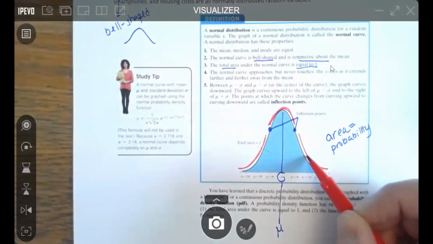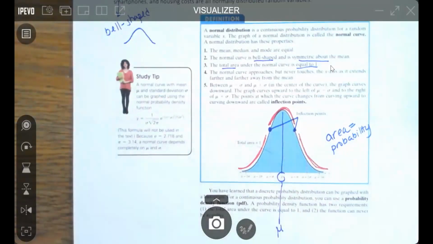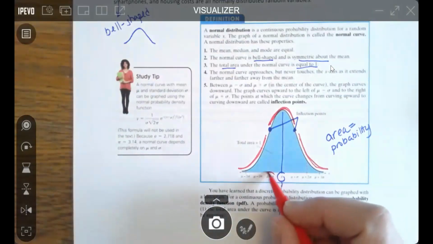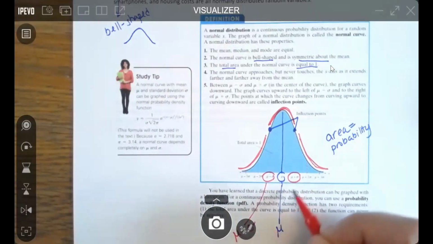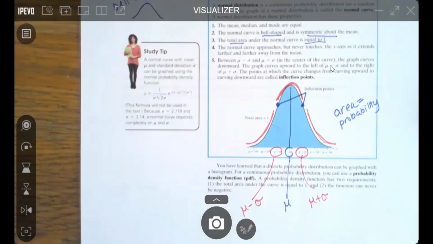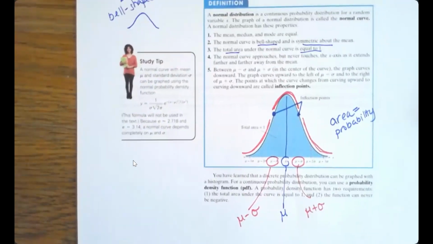In algebra, we say that it goes from concave down to concave up. So those are called inflection points. Your inflection points always occur at the mean minus 1 standard deviation and the mean plus 1 standard deviation. So these are again fixed values that you should watch out for on these bell-shaped curves.